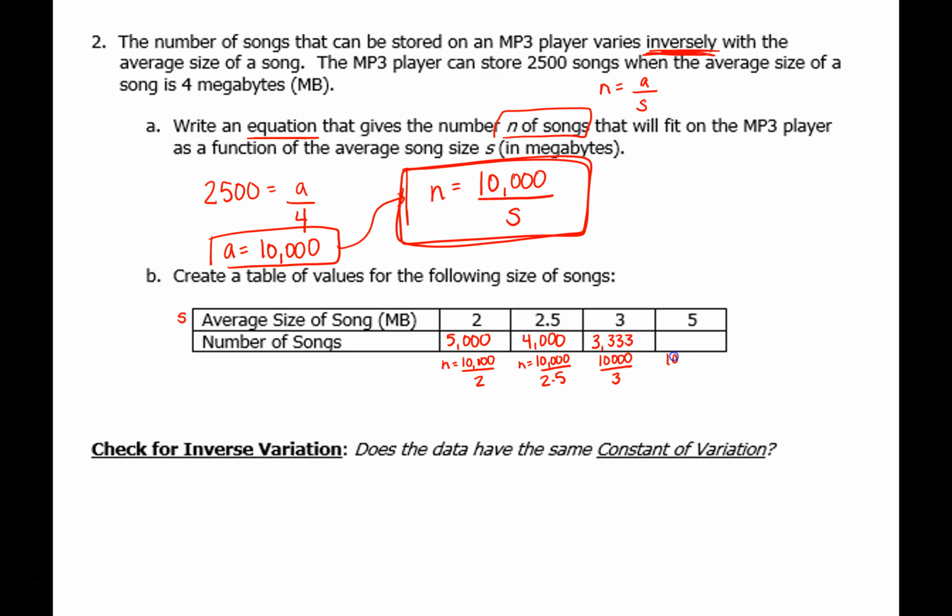And then if I have 5 megabyte songs, then that's going to mean that I can have 2,000 songs on my MP3. So notice that as the size increases, the number of songs decreases.